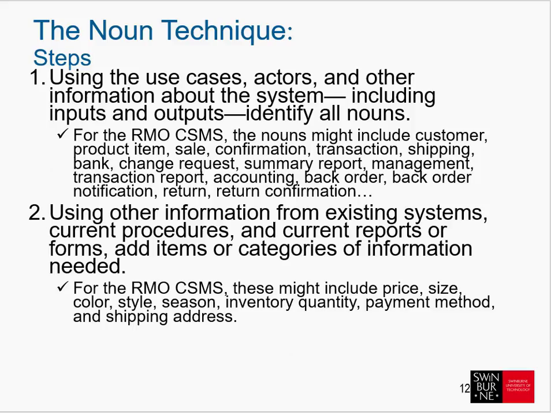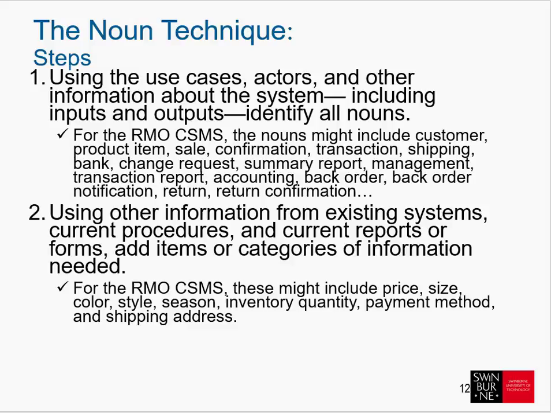Right, so what are the steps that we can follow when using the noun technique? The first step is to use the use cases, actors, and other information about the system to come up with the inputs and the outputs, and identify all the nouns, so it can be everything.